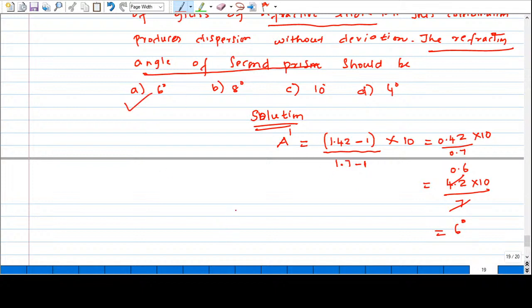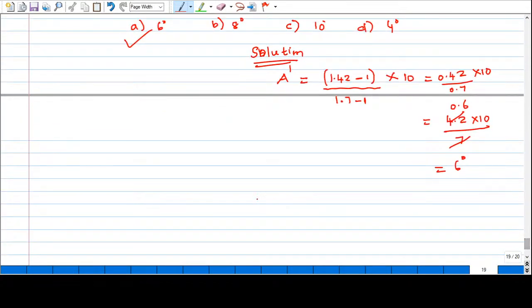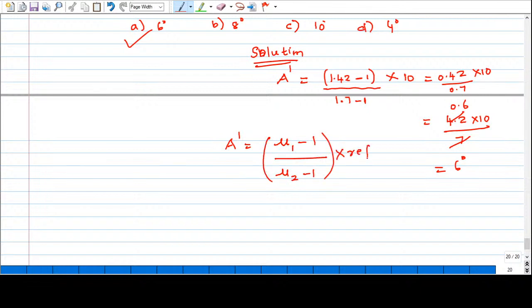You got it? First, you have to see the two refractive indices. The shortcut formula is: refractive index mu1 minus 1 by mu2 minus 1 into refracting angle.